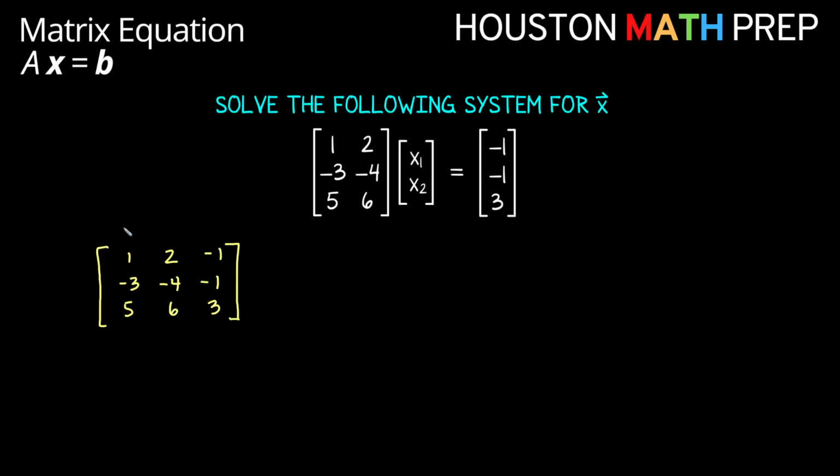So what we have here is a column of information pertaining to x1, a column of information pertaining to x2 here. This is our b.